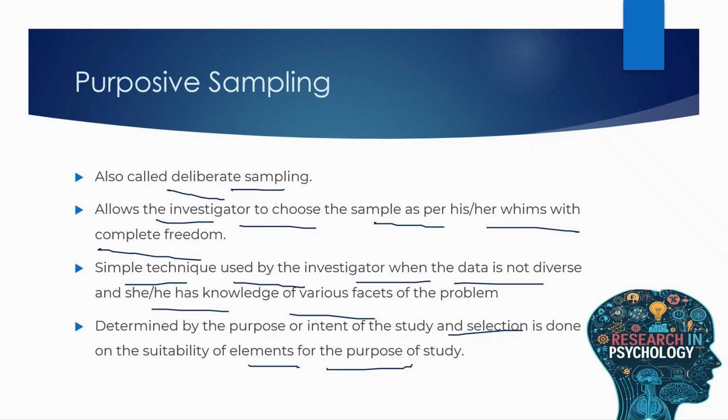And the selection is done based on suitability. Like if a person is suitable for my study, I'll simply go and request the person to be a part of my study. All right. So this is purposive sampling. Based on my purpose, if the sample is suitable, I'll choose as I wish. No rules, except that the person should be suitable for my study.